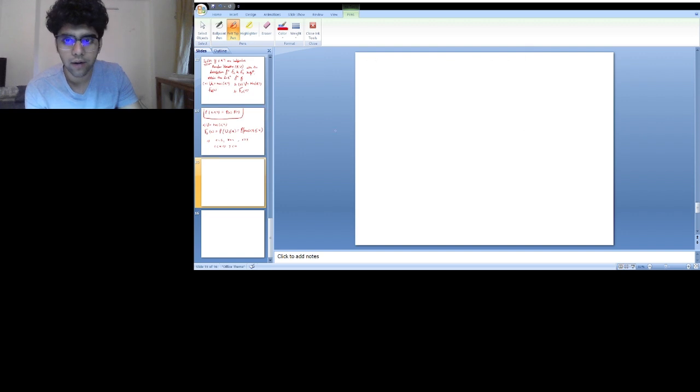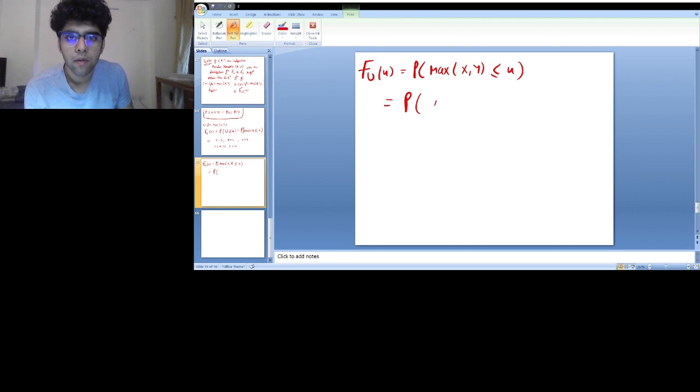So what I can write this as, I can write my CDF for U as probability max of X comma Y less than or equal to small u, which implies that probability X less than u intersection Y less than u.